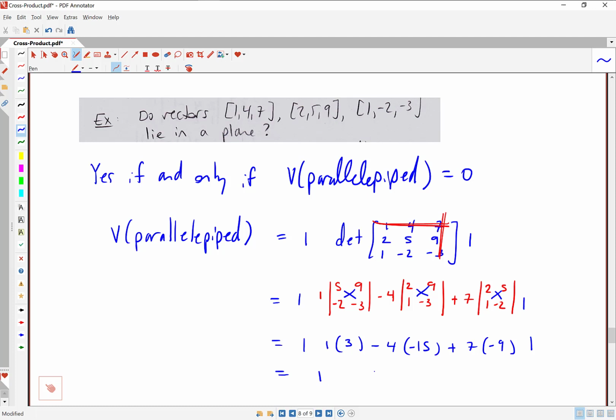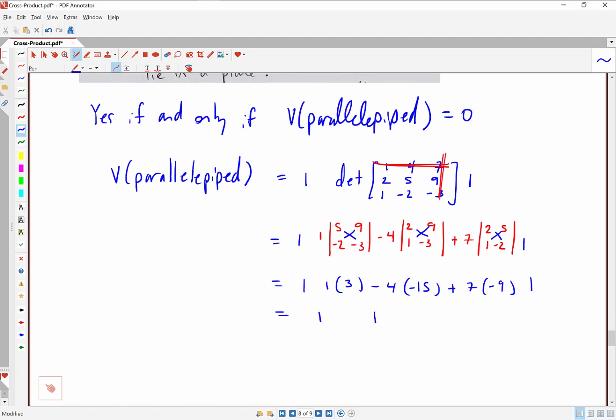All right, so inside the absolute value, we've got 3 plus 60 minus 63, so that's 0, and absolute value of 0 is 0. So the volume of the parallelepiped is 0, and the answer to the question is yes. The 3 vectors do lie in a plane.